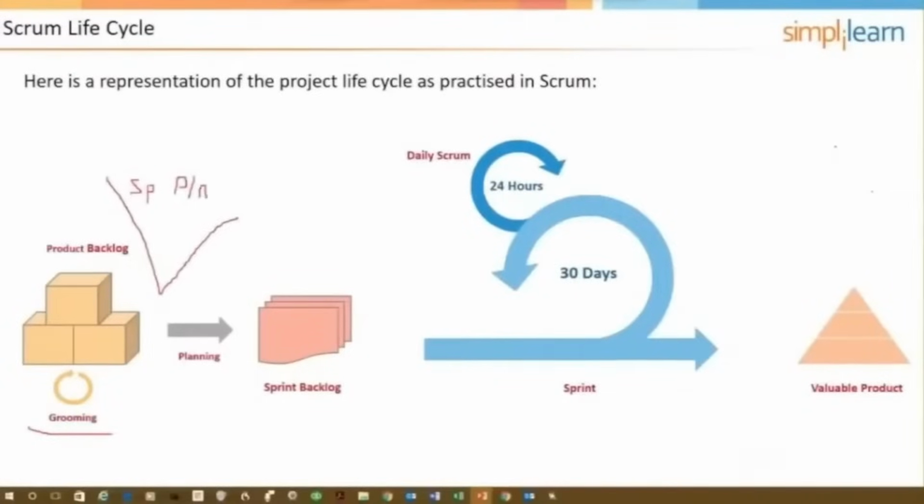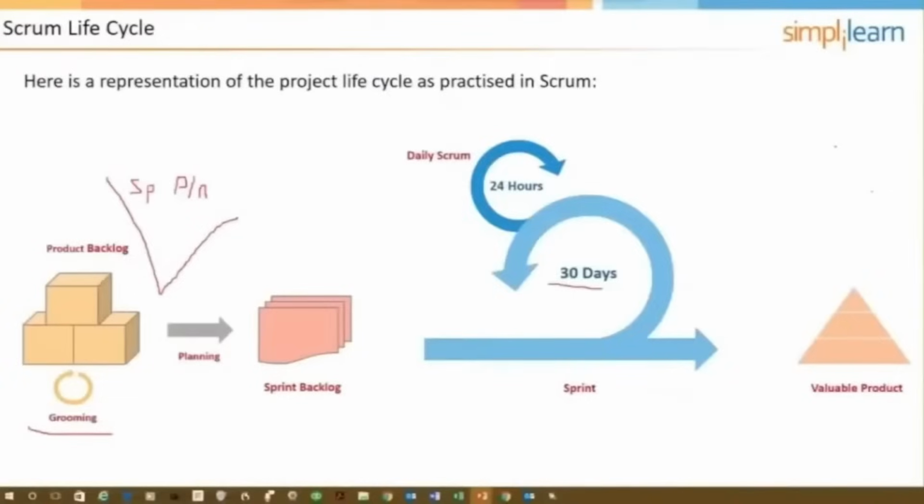The Sprint Planning Meeting is a time-boxed event, and it is time-boxed to 2 hours for each week of the sprint. So in our example here, we have a 30-day sprint. So if we have a 4-week sprint, then our sprint planning meeting will be 8 hours in duration.